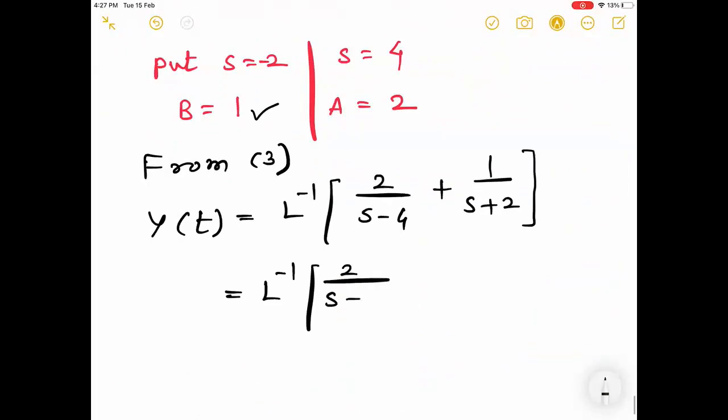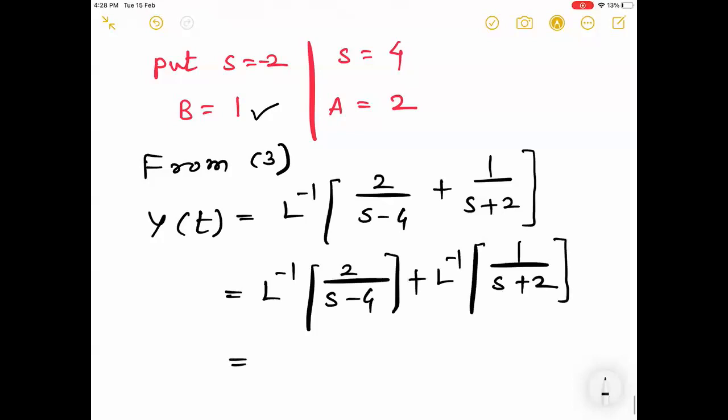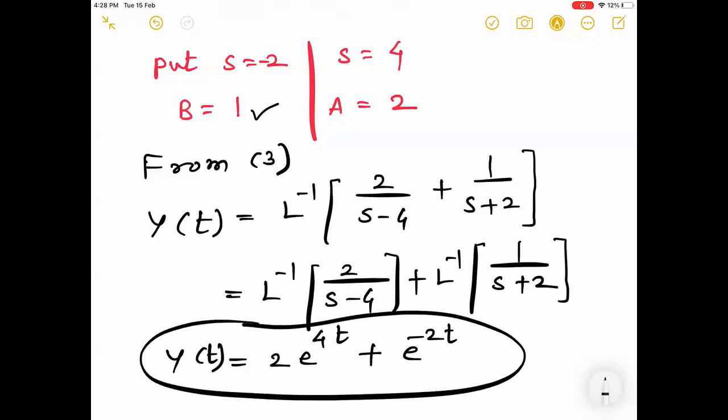So inverse transform of 2 upon s minus 4 plus inverse transform of 1 upon s plus 2. Now this is a very simple formula. What is the first term? 2 e raised to 4t. And the second term plus is e raised to minus 2t. So y of t is equal to this, your complete solution.